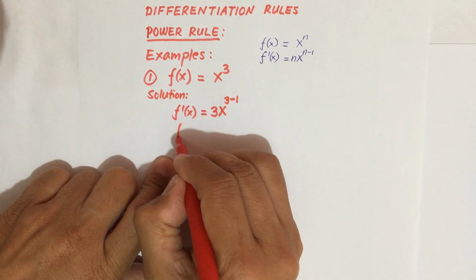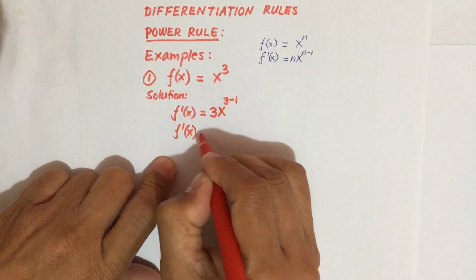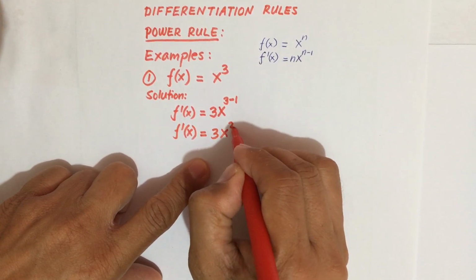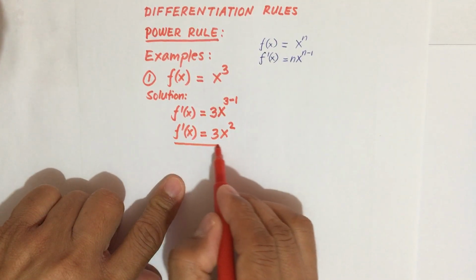Therefore f prime of x, or the derivative of x cubed, is equal to 3x squared. This is the answer.